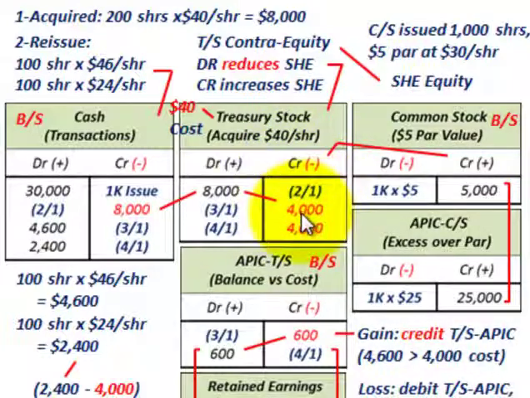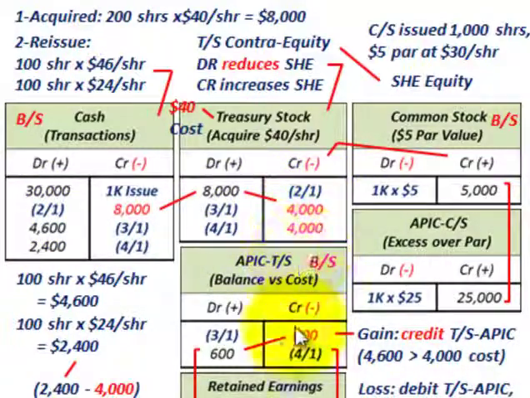And by crediting or reducing our treasury stock, if you compare it to our equity account, that's actually increasing our shareholders' equity. So a credit to our treasury stock increases our shareholders' equity. And then the balancing amount. We've got $4,600 as a debit in our cash account, $4,000 in our treasury stock account.